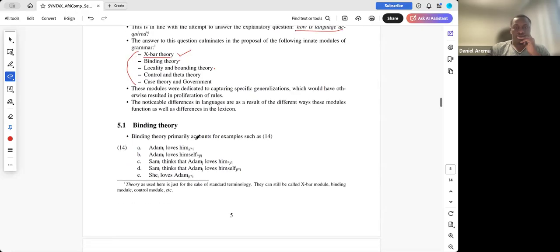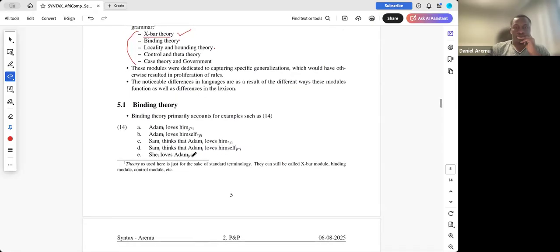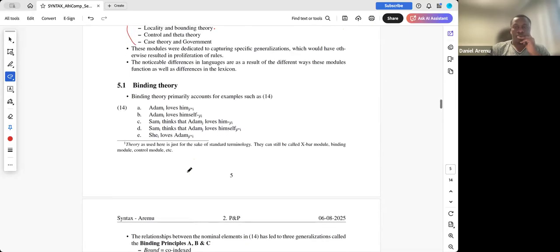So it's an approach. X-bar is just one of the instances in which the authors try to achieve the goals of principles and parameters. X-bar specifically deals with phrase structure, to replace PS rules and to show the structure of a phrase. Yeah, thank you very much. Yeah, exactly.